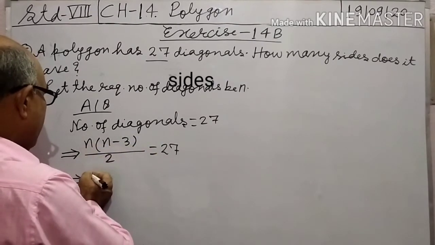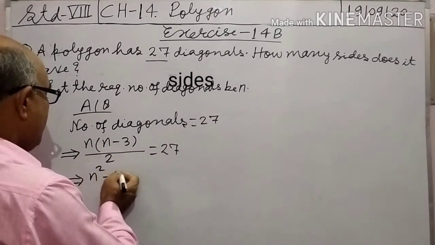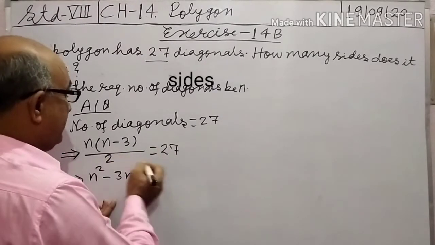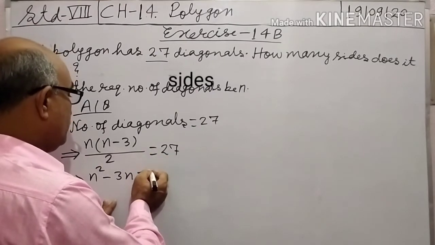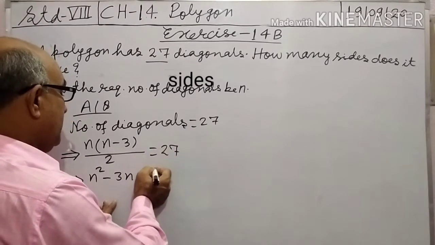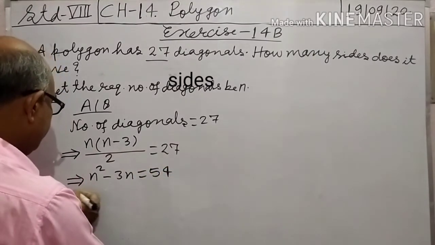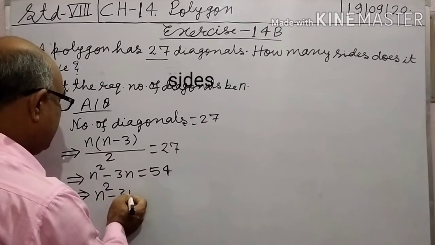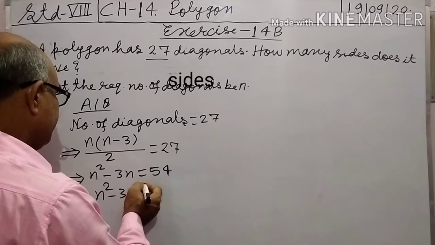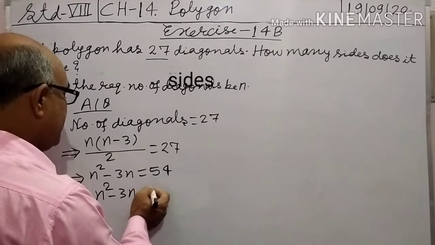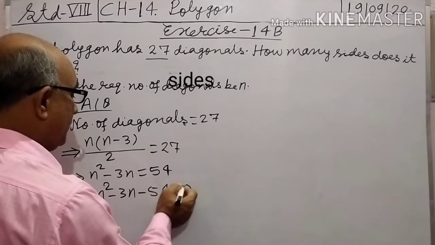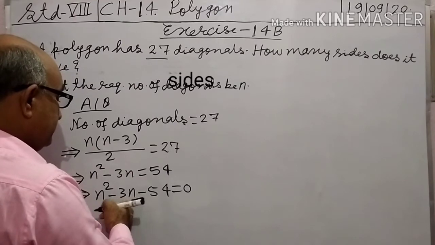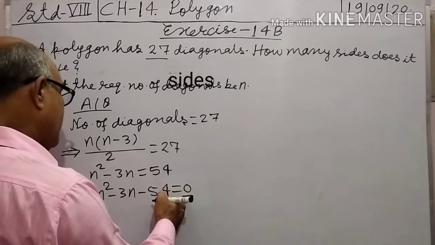Remove the bracket: n square minus 3n, by 2. By transposition, the division changes to multiplication, so 27 into 2 is 54. That implies n square minus 3n minus 54 equals 0.